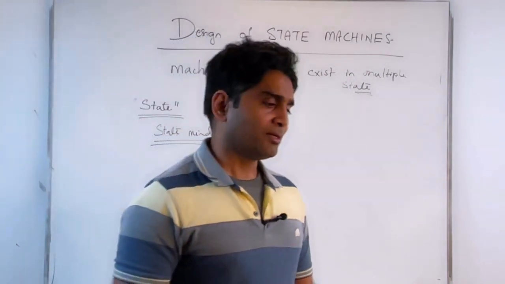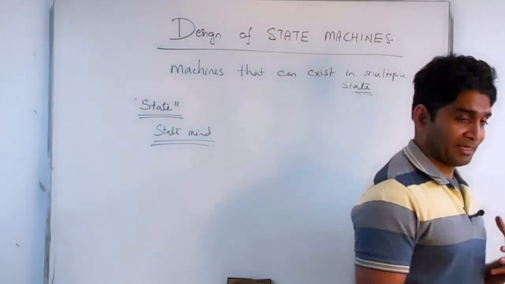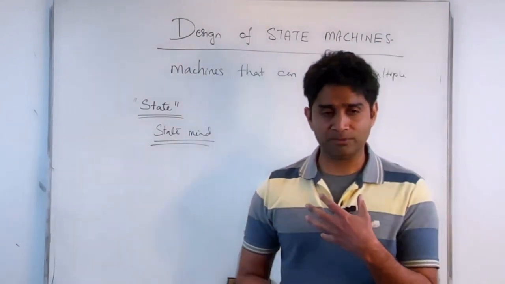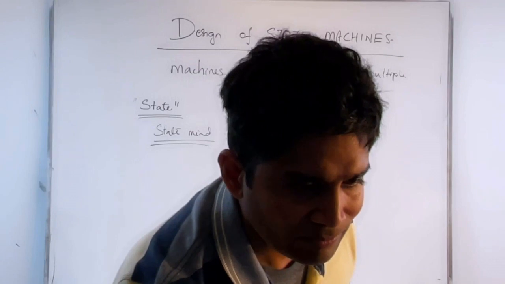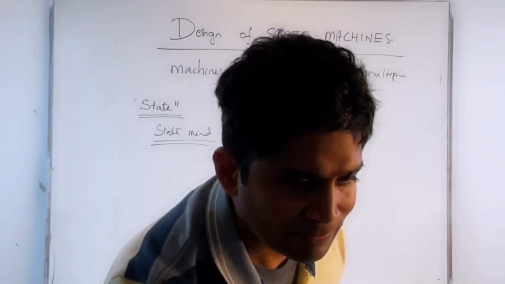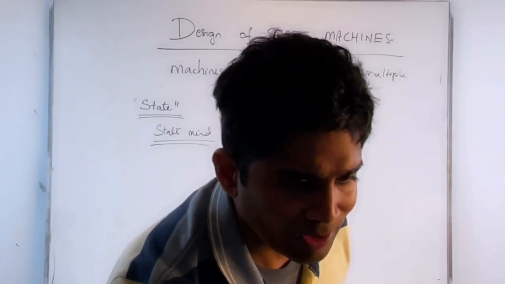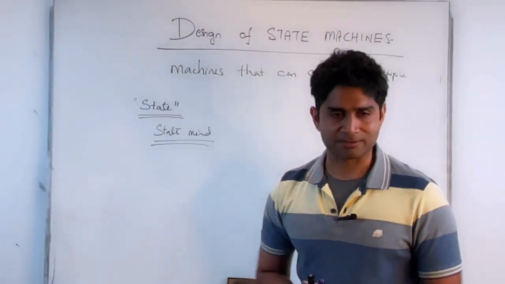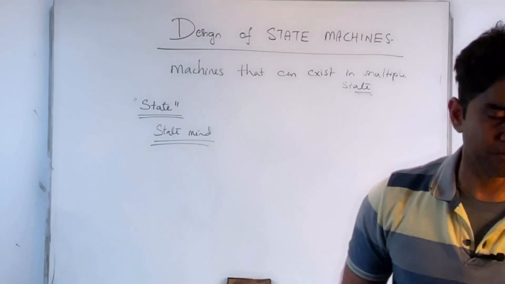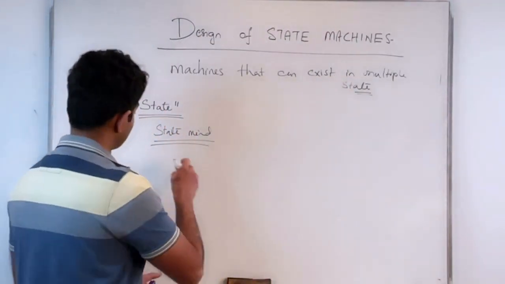So we are machines that can exist in multiple states. So what do we call those states? What do I mean by those states? Julia, what do you understand by states? Condition, okay. What condition? What kind of a condition?